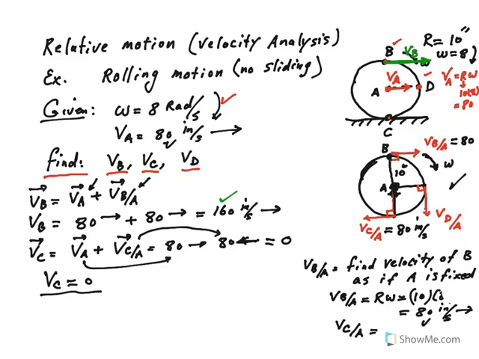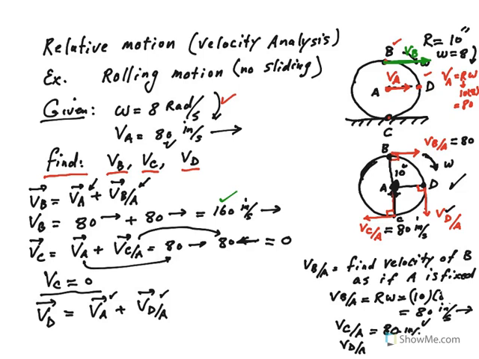Let's do it for velocity of D. Velocity of D is equal to what? Velocity of A plus velocity of D relative to A. Same story. Translate with A, rotate about A. VD slash A means find velocity of D as if A is fixed. Again, A is fixed here. I want to find velocity of D, right? So what is going to be velocity of D relative to A?